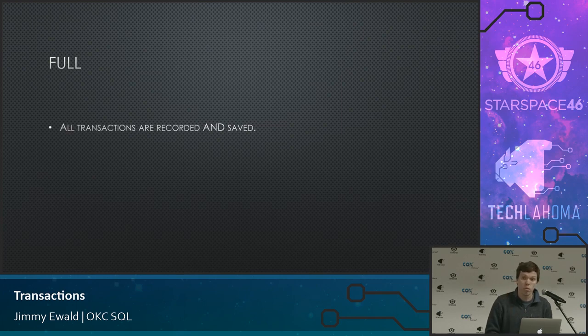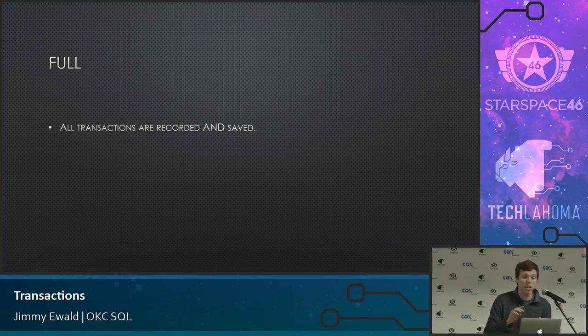In full, this is talking about the transaction log data file, the LDF. All transactions are recorded and saved in the LDF. So if you update a record, that update is recorded in the log file, okay?